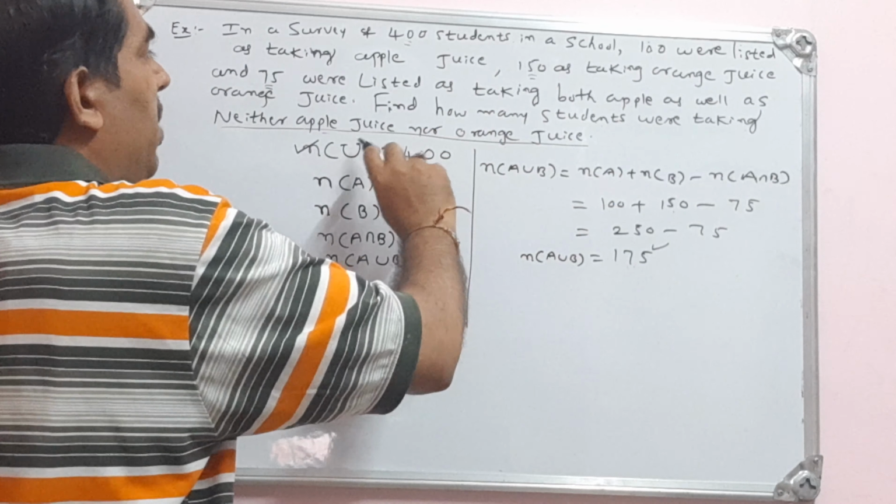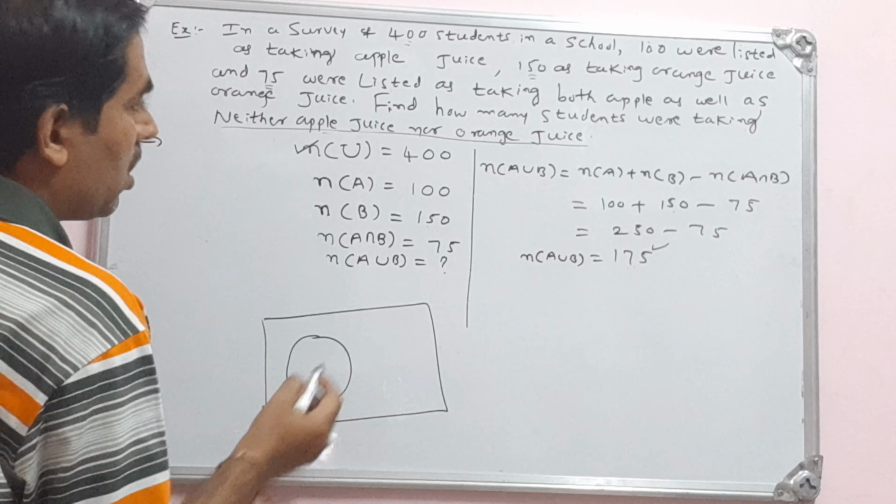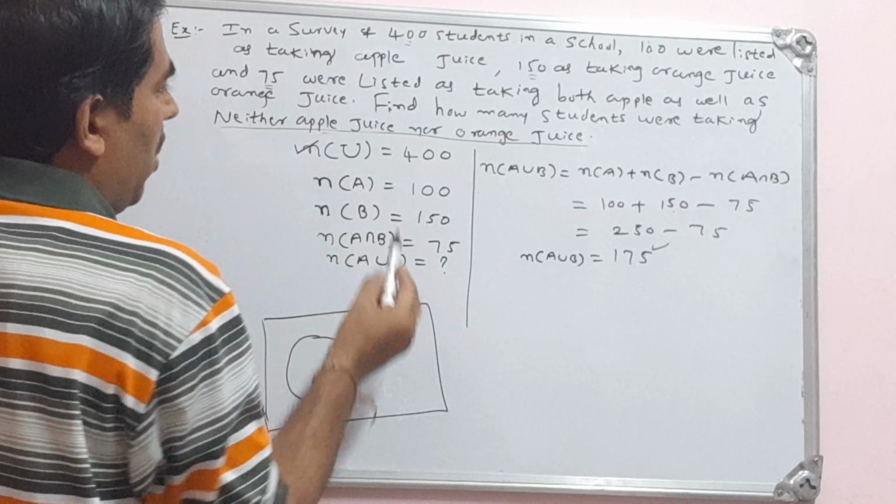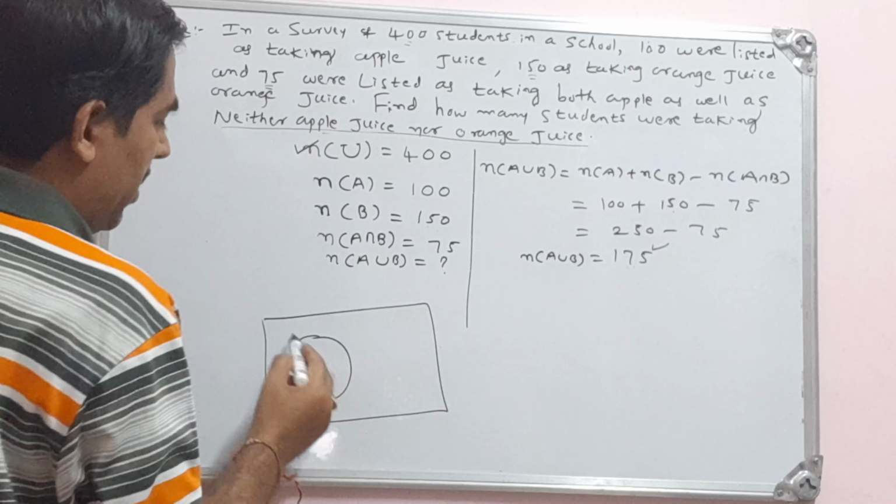See, if we draw the Venn diagram, we will know this exactly. We have a set of people drinking apple juice, say A. Then the set of people drinking orange juice, that is B. So this universal set is here.